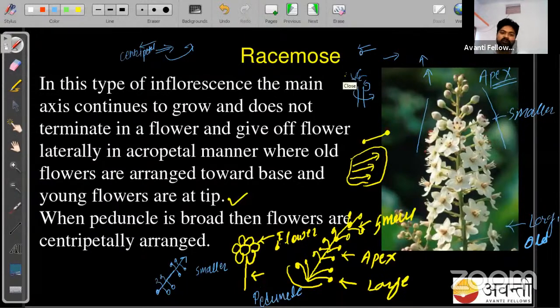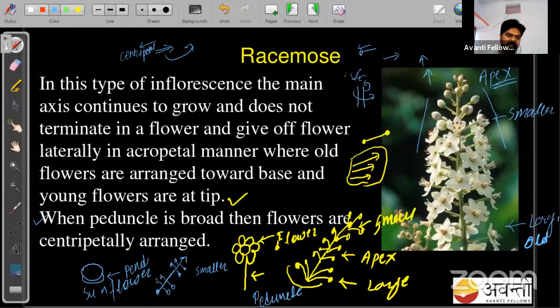No, actually Venkat, I will discuss it in the next slide. In this case, if you see the sunflower, what is the meaning of the peduncle being broad? In the case of sunflower, this basal part of the flower is the peduncle. We will discuss it later in detail, so this point will be clear at that time. Please remember this.